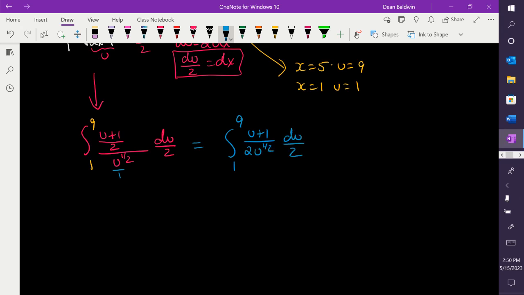So we get that. Right? Flip and multiply. And then what can you pull out? 1 over 4, right? 2 times 2 is 4. So 1/4 can come out. And I have u plus 1 over u to the 1/2 du.